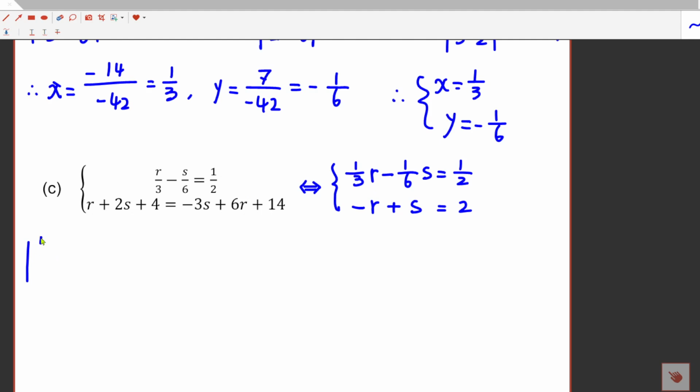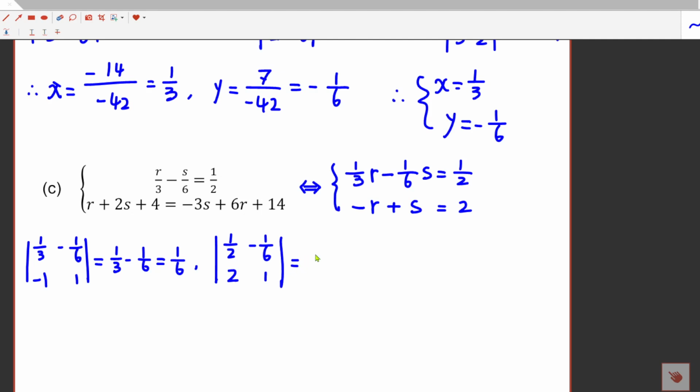Again, we first need to calculate this determinant using the coefficients of the two variables. This determinant is 1/3 minus 1/6, which is 1/6, right? For the second determinant, we replace the first column using the constants, in this case 1 over 2 and 2.